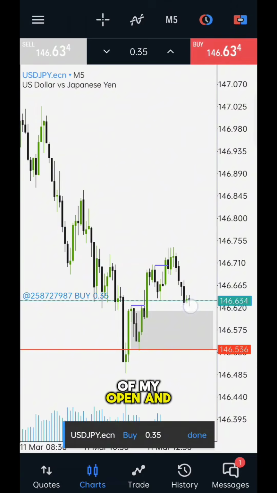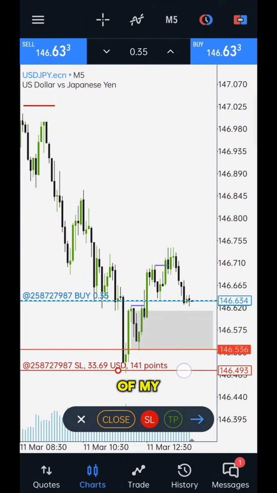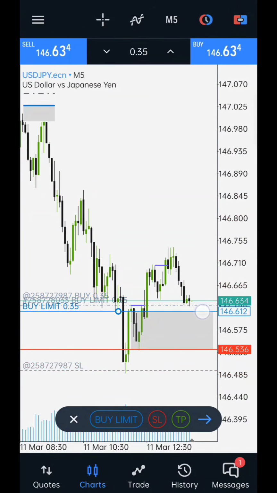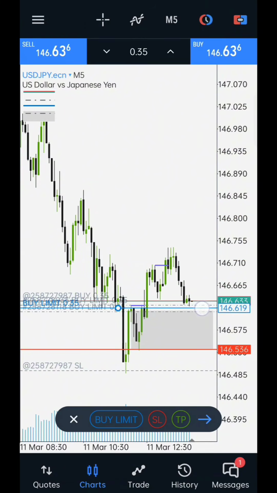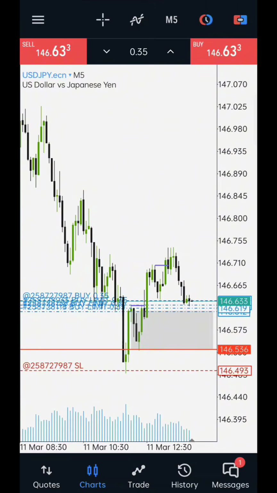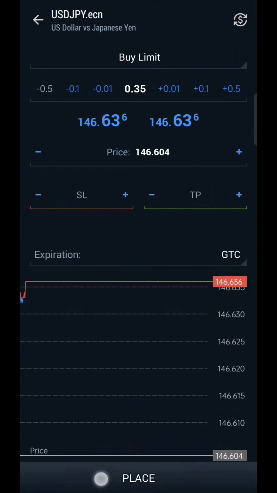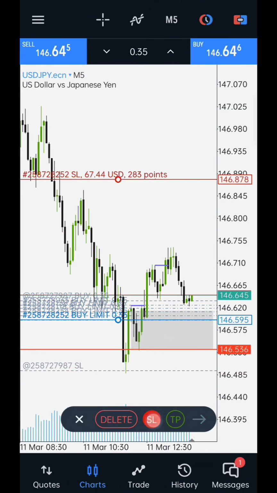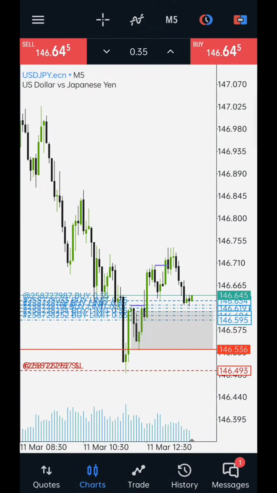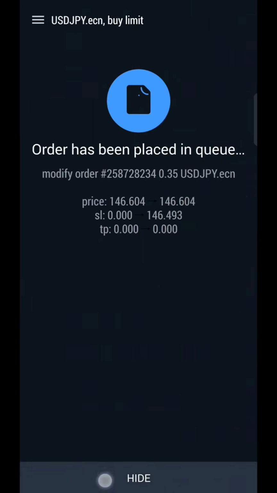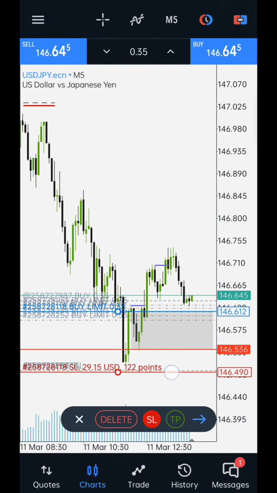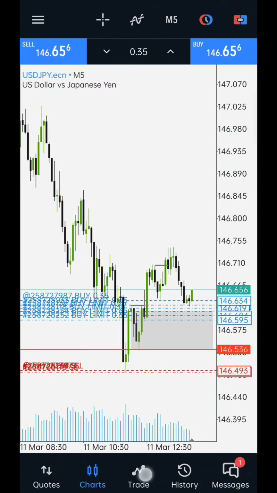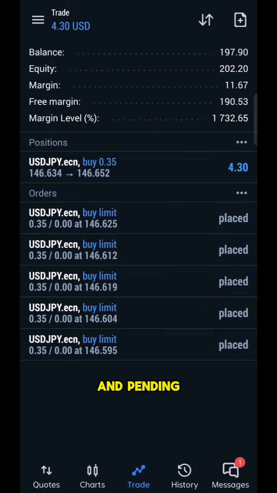So, I placed all of my open and limit orders from this demand zone, and I set all of my stop losses below it. So guys, here are all of my open and pending orders.